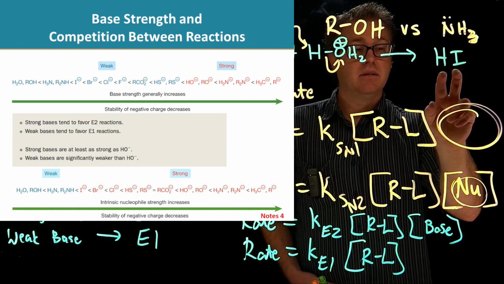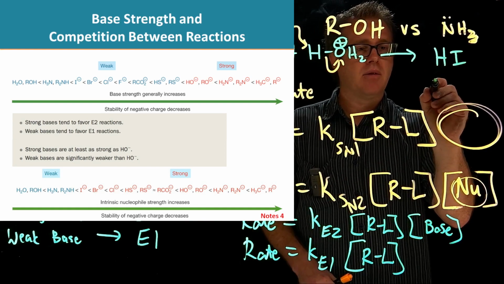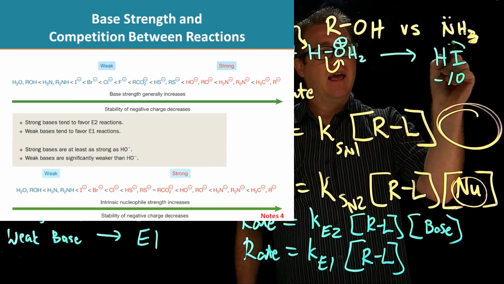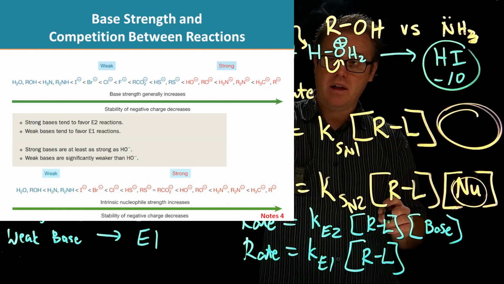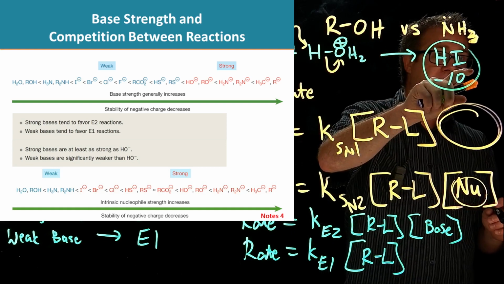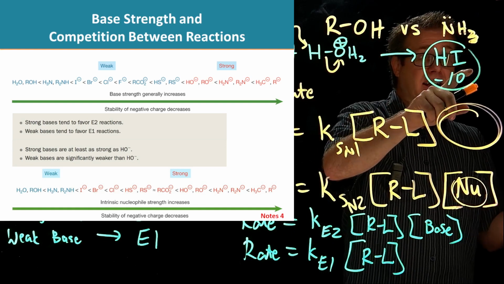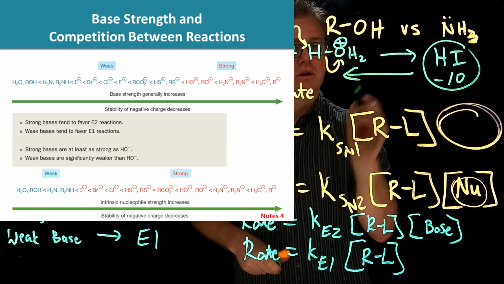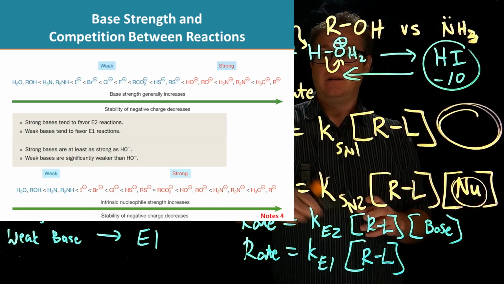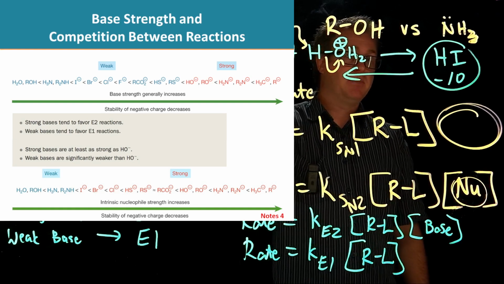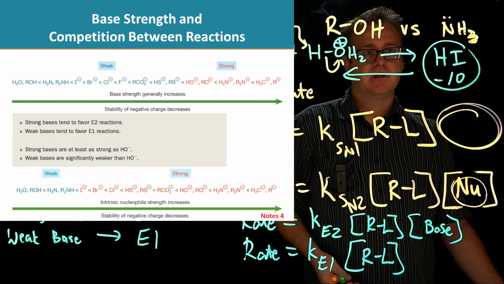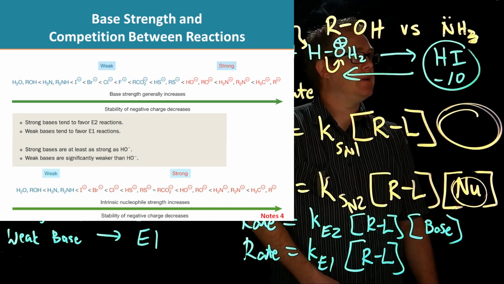That's an acid. What's its pKa? Around -10 or -11? So we know that when iodide behaves as a base, it's going to generate an acid. Acids want to donate their protons. So iodide is a weak base because it generates a very, very strong acid. So it's just not going to do it. All right?